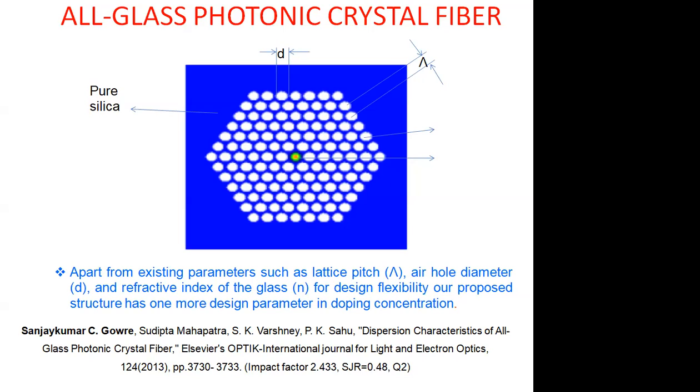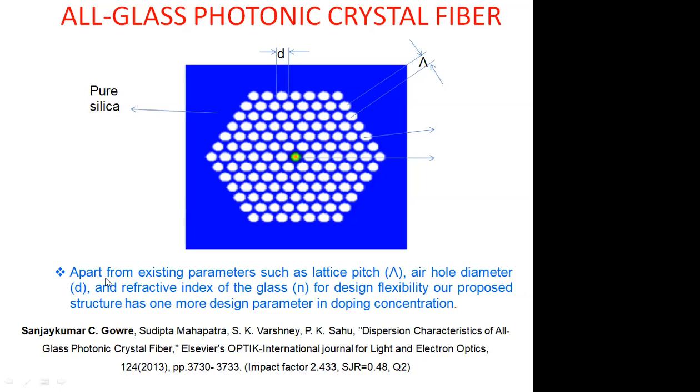Now we have various parameters here. In single mode fiber, we have only two parameters: refractive index of core and refractive index of cladding. Only two things. Now here you can see that apart from that, we have a lattice pitch. The distance between two air holes is known as what? Lattice pitch. You can vary that, you will get beautiful results.